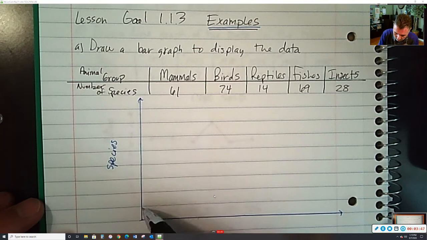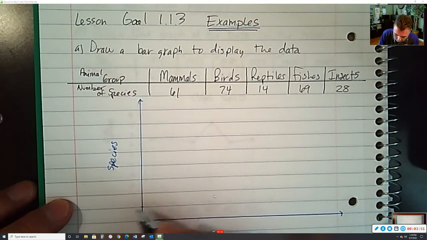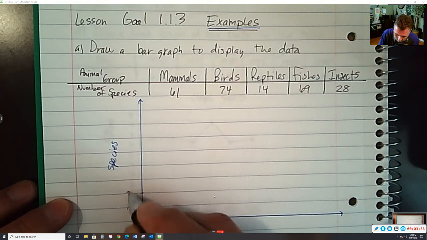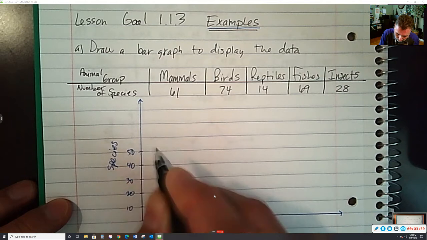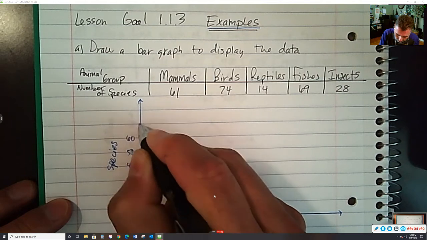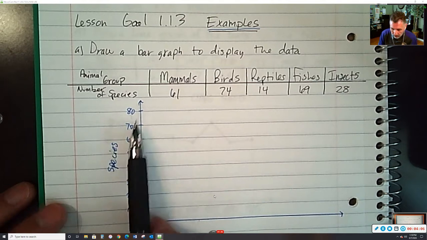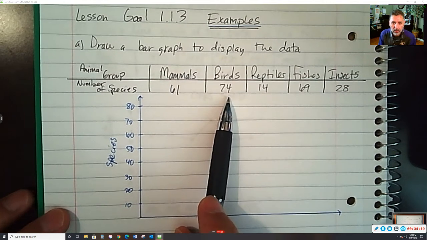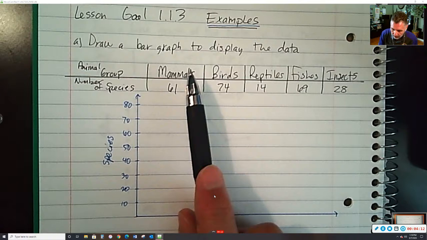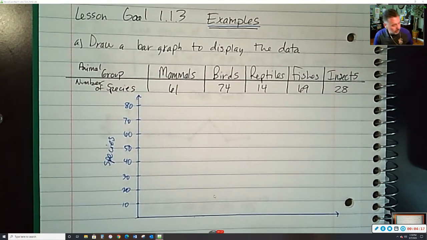Okay, so let's see. I'm going to make each of these lines count as 10, and that'll take me all the way up to 80. So that'll cover the 74, right? And then I'm going to put the 5 species, 1, 2, 3, 4, 5, kind of down here.